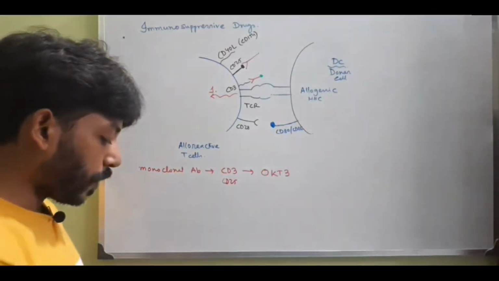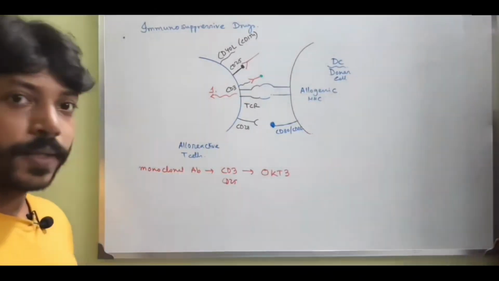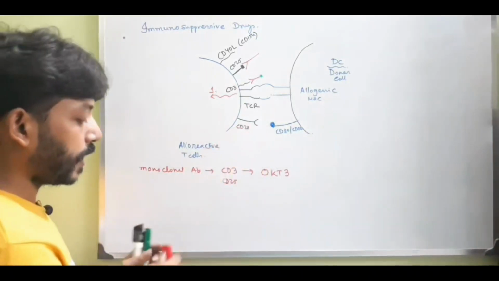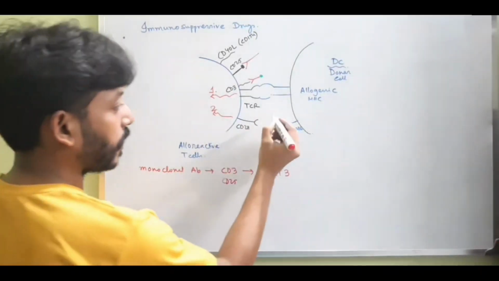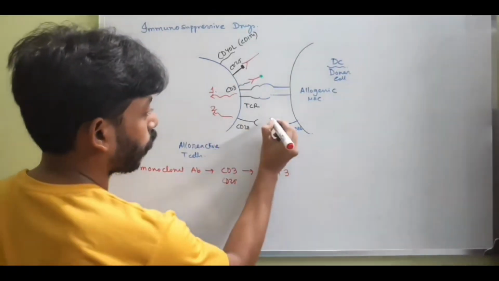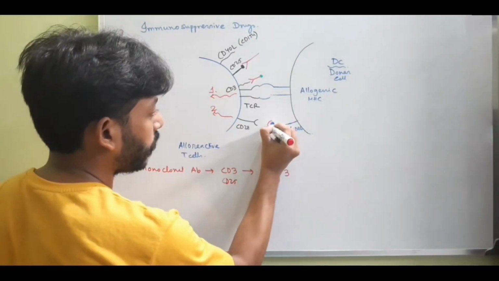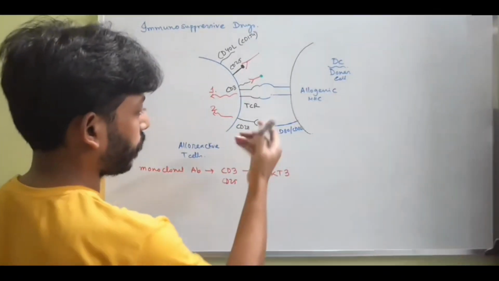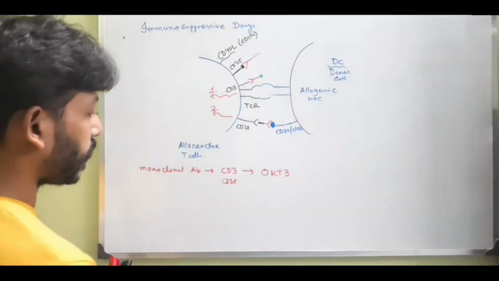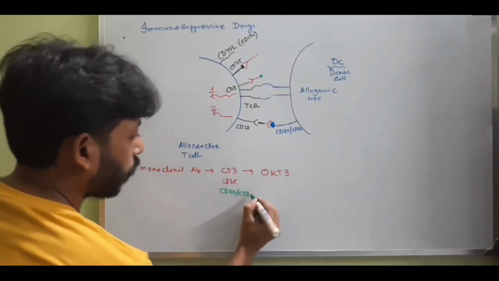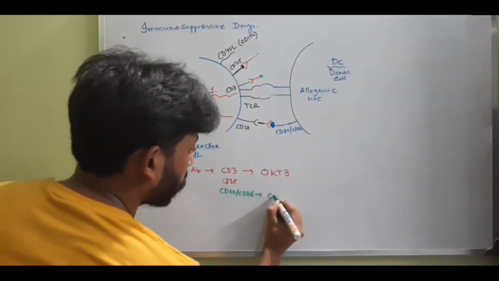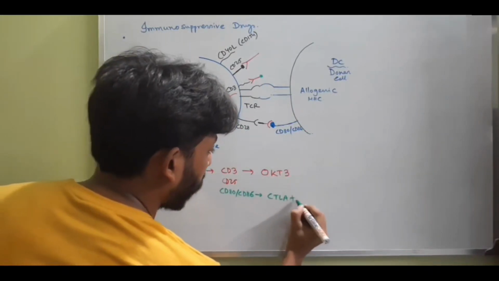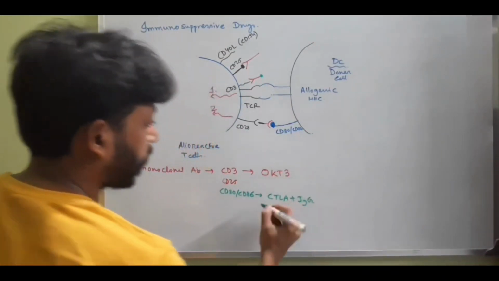They also used another molecule that prevents the second signaling: CTLA4, tagged with an antibody. This is against CD80 and CD86. CTLA4 is bound with an IgG antibody fusion.